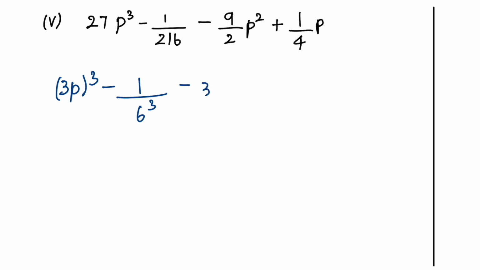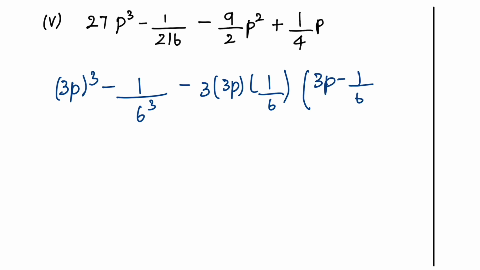So you can write minus 3 into x, here is 3p into 1 by 6 minus 3xy into, it's going to be x minus y, so 3p minus 1 by 6. You can do this by default, you know that should be the right one, but if in case you are not sure of yourself, you can multiply it and verify yourself. Okay, so that can be done as well.